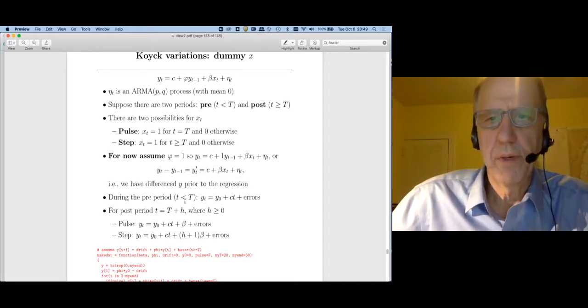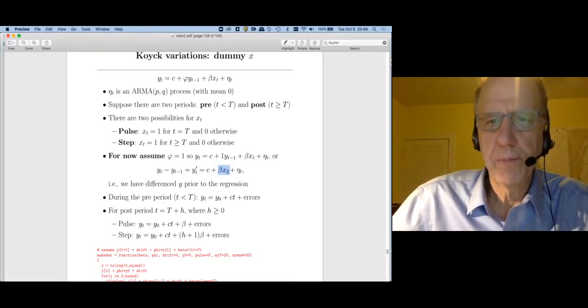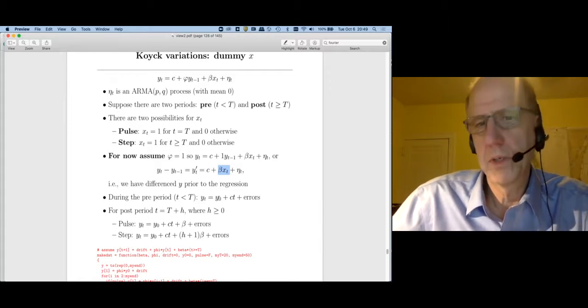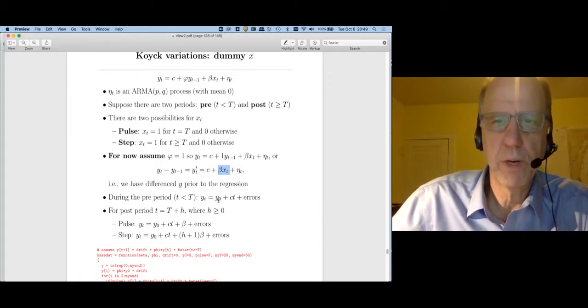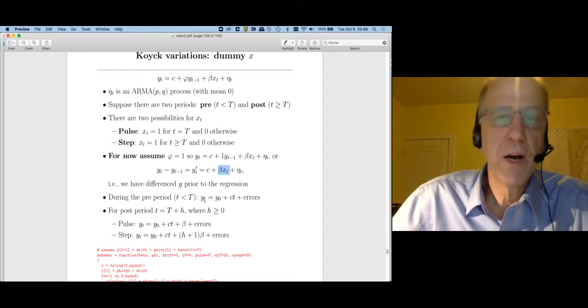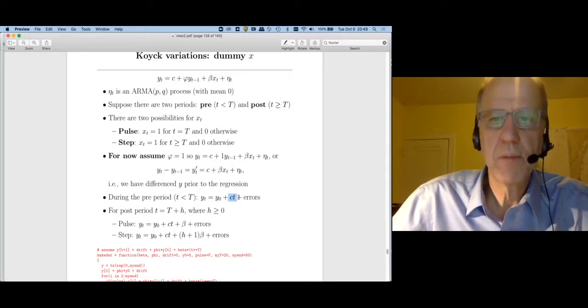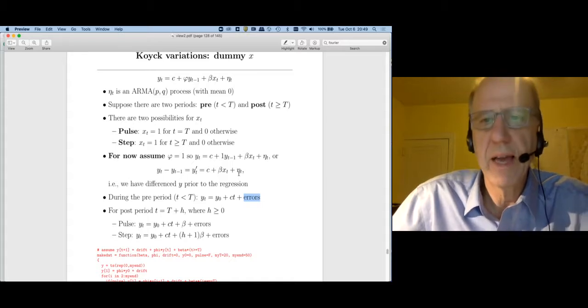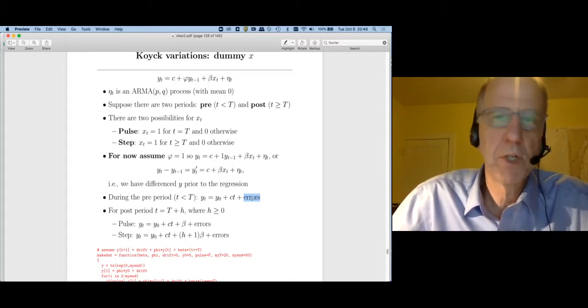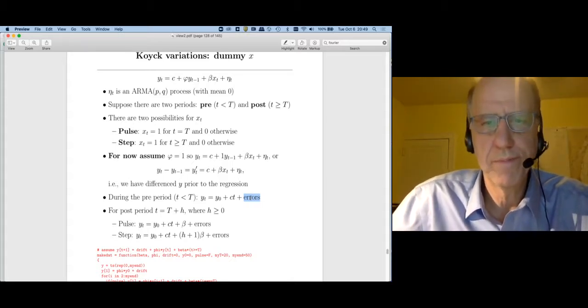During the pre-period, the beta goes away, and if you were to write out this equation, I'm not going to do it right now, you'd find that yt is just some initial value plus c times t, and then you've got a bunch of errors. These errors get added up, but they are a bunch of errors that have mean 0.